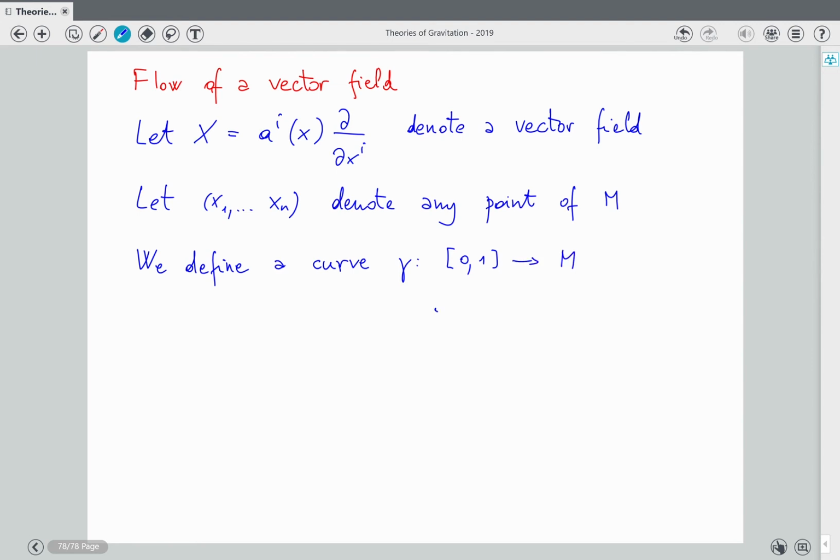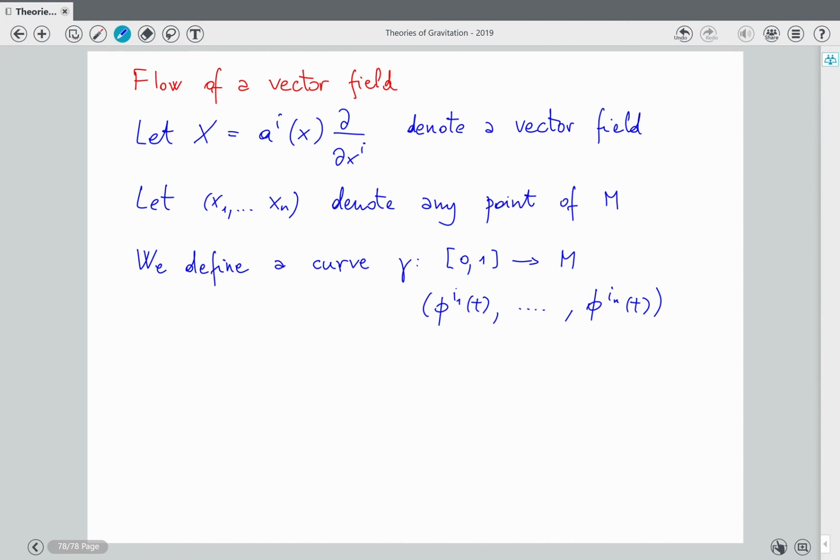which we will write in components as phi a1 of t, phi an of t. So these are the coordinates of the point on M mapped by the curve into which the time t is mapped by the curve.